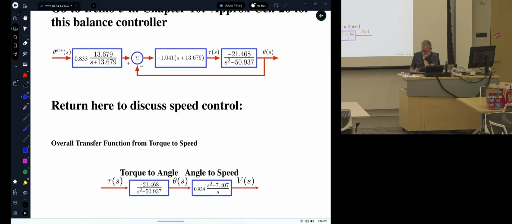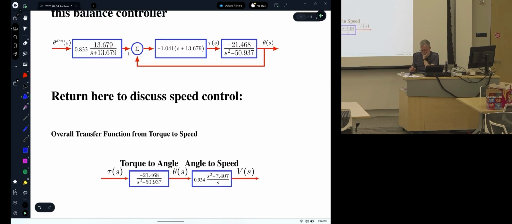Okay, so now we're going to take advantage of the fact that this model has special structure. So this comes from the physics, not from calculus.